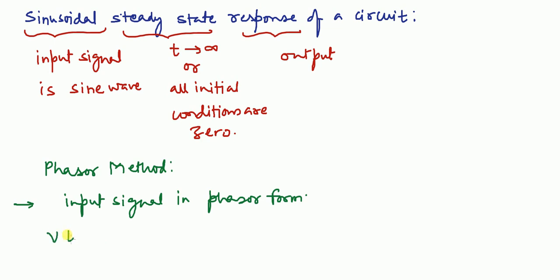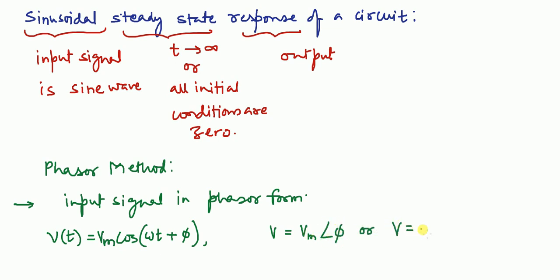Phasor form means suppose input voltage is Vm cos(omega t plus phi), where omega is input signal frequency in radian per second. So in Phasor form, this voltage is V equal to Vm at an angle phi, or voltage V is Vm e to the power j phi.